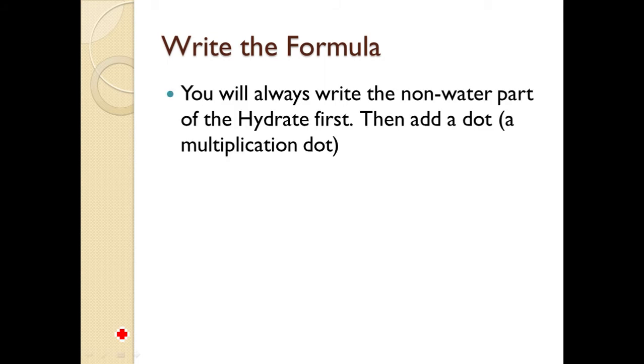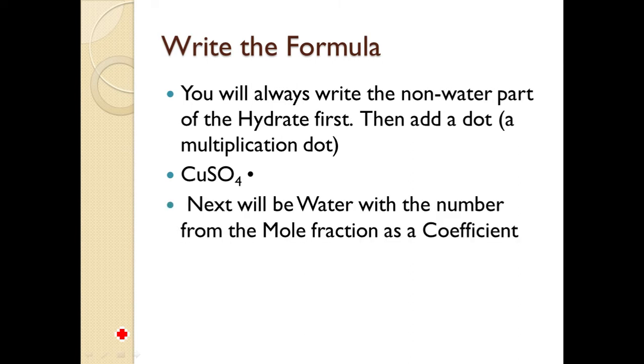Once you have that math done, you can write the formula. The non-water compound, in this case copper 2 sulfate, is always going to be written first, followed by a multiplication dot. So CuSO4 dot. Next we take a look at the water molecule and the whole number from the mole ratio. That will become our big number, or our coefficient, in front of H2O after the multiplication dot.